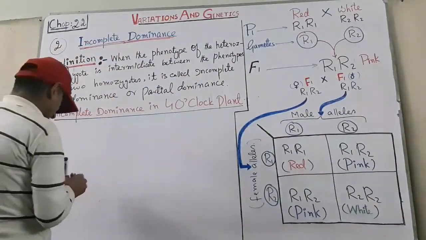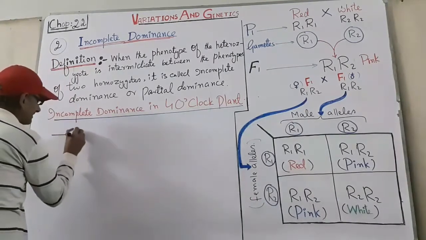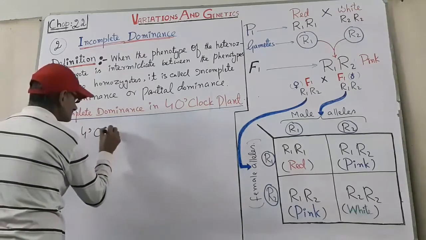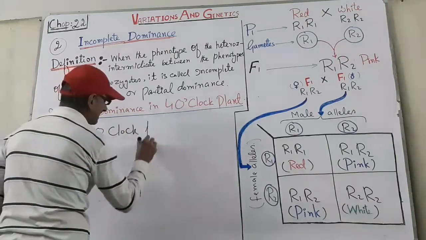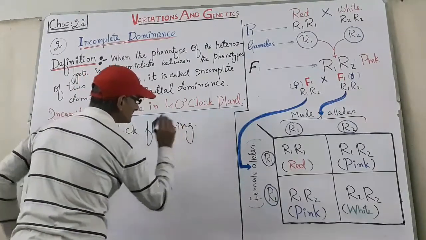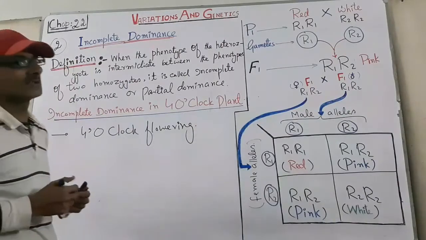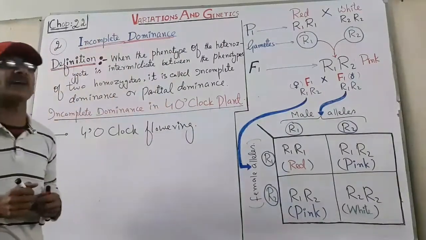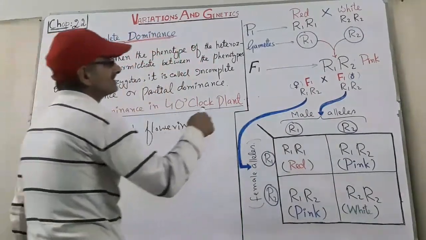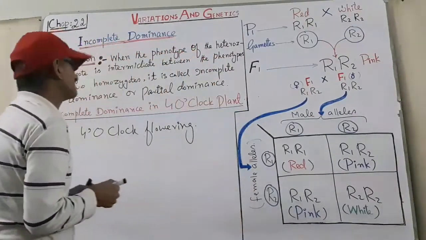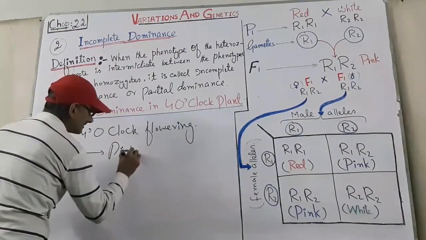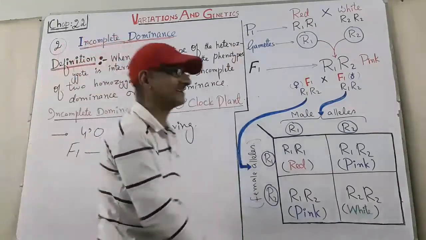So the four o'clock flowering plant is used for working out F1 and F2 by Carl Correns. In this cross, all of the F1 generation is pink, which is intermediate between red and white.